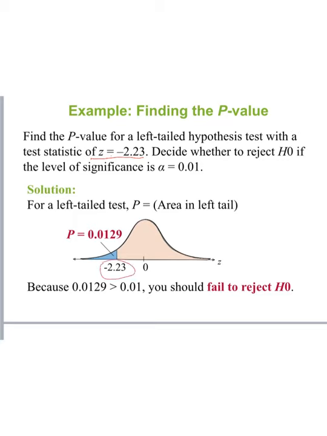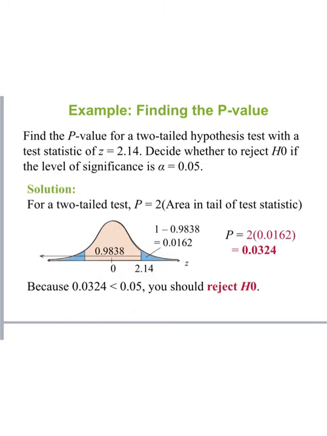There it is. And you use your table or calculator or StatCrunch to find the area to the left. And then of course here we want to decide what to do with the null hypothesis based on alpha 0.01. We just compare the p-value and alpha, and here p is greater. We fail to reject null.